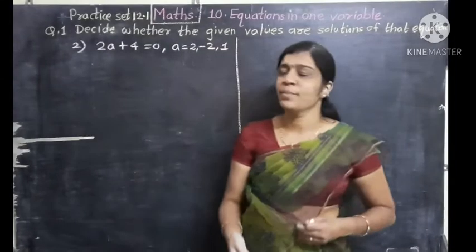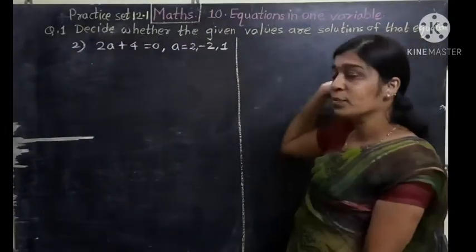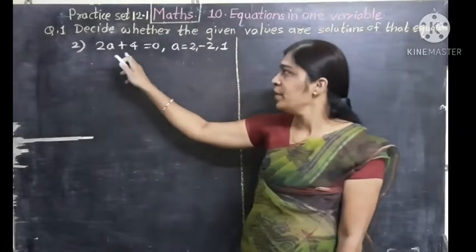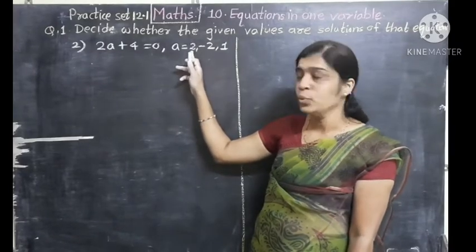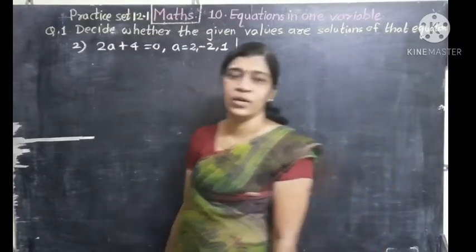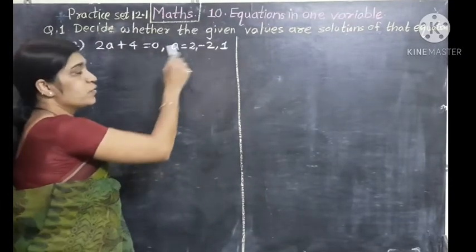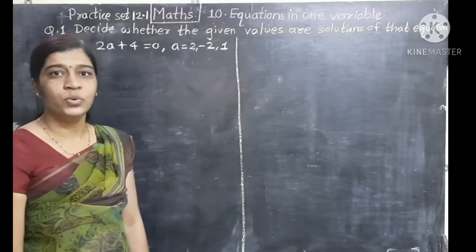See one more example. Decide whether the given values are solutions of the given equation. What is the given equation here? 2a plus 4 is equal to 0, for a is equal to 2, -2 and 1. We have to decide whether the equation is true for a is equal to 2, a is equal to -2 and a is equal to 1.